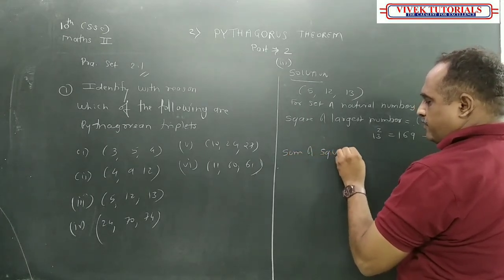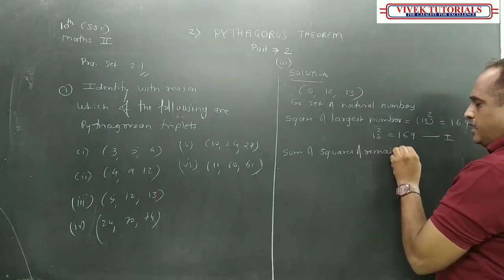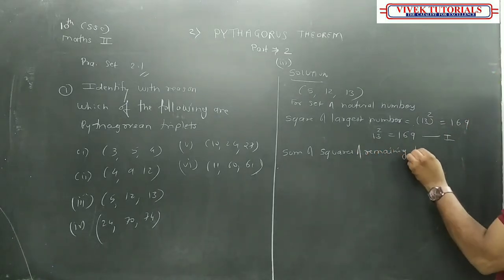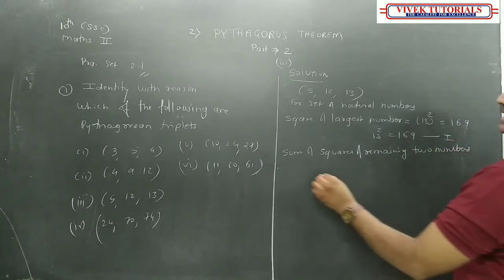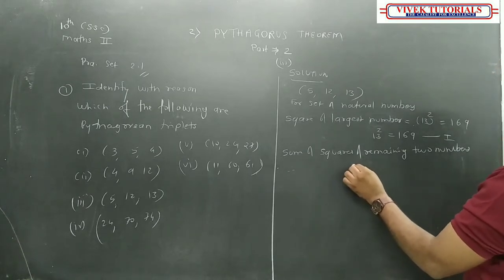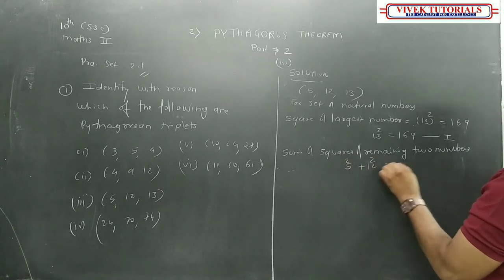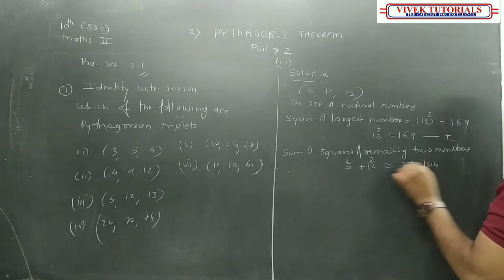And the sum of the squares of the remaining two numbers is equal to 5 square plus 12 square, which is 25 plus 144.